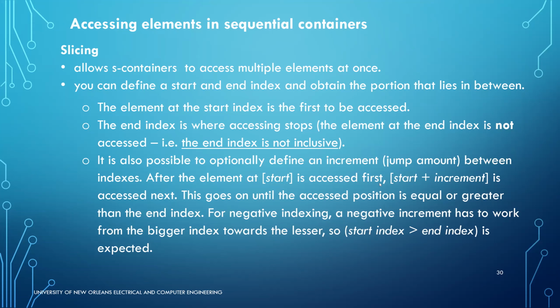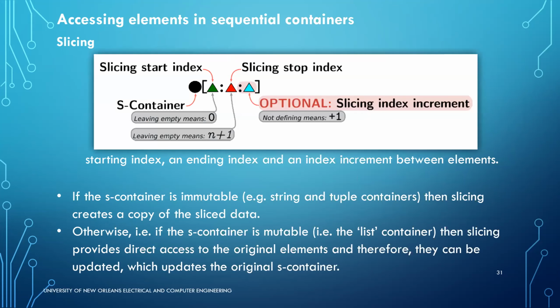But also, all this that you had on this slide can be described by looking at a picture. It will be better than the way that this describes it. In the picture, you can see that this black circle represents the container. And again, it could be a string, a list, or a tuple. So this applies to any of those types.